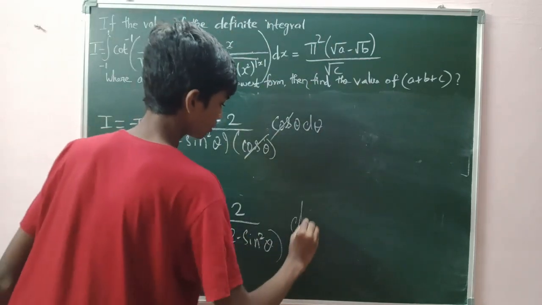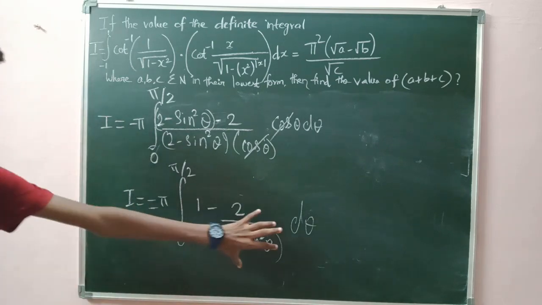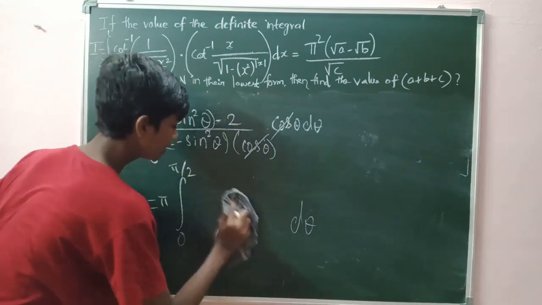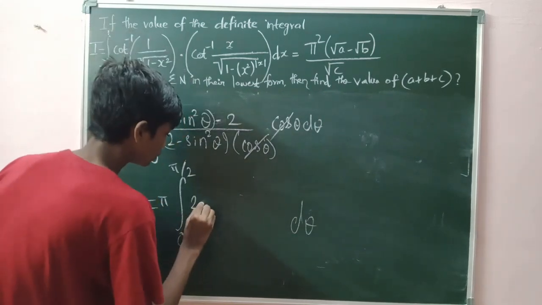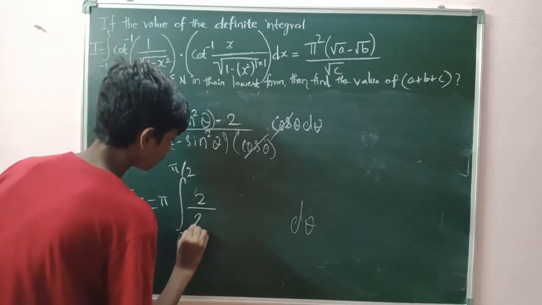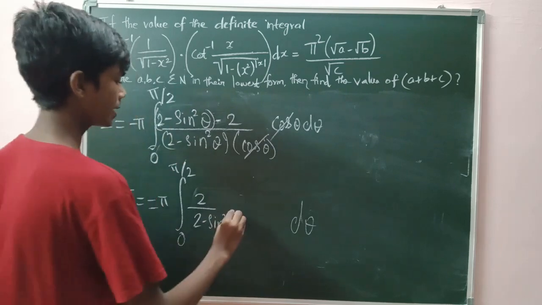Okay. The next step, just listen to me very carefully. I'm having minus over here now. So take minus common from the inside function. Therefore I'll be getting it as 2 by minus 1.